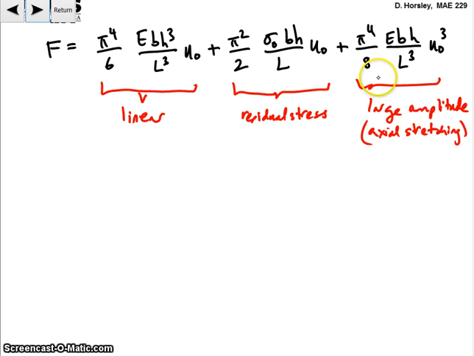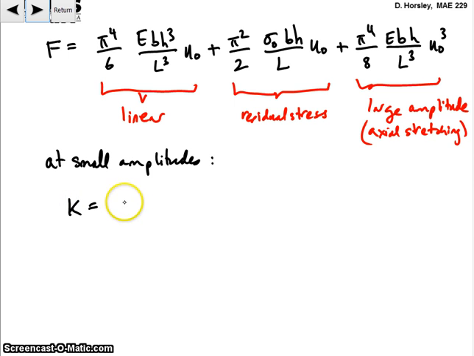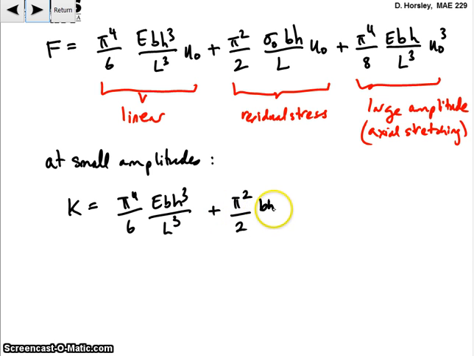Now neglecting this large amplitude term, the linear spring constant consists of the geometric part and the part due to residual stress. So at small amplitudes, the spring constant is K equals pi to the 4th over 6 EB H cubed over L cubed plus pi squared over 2 BH over L times sigma naught.